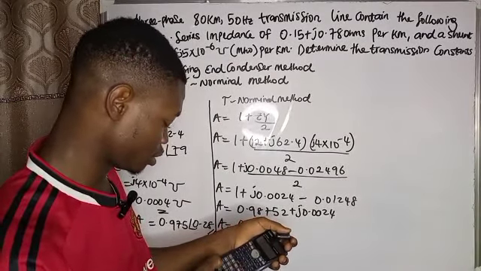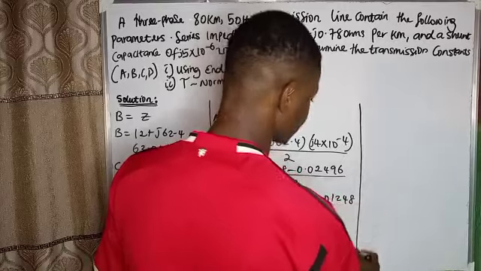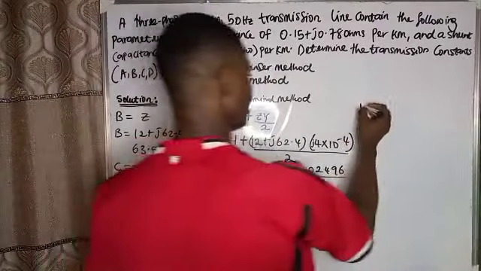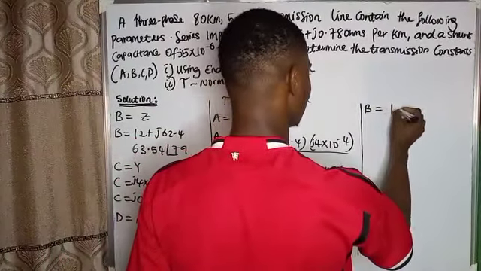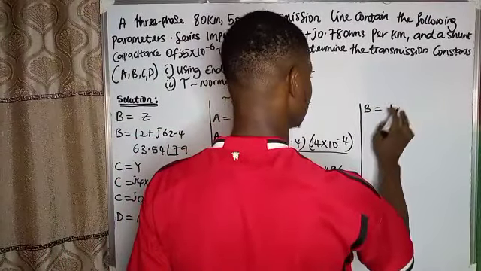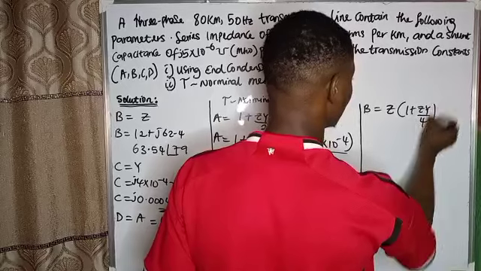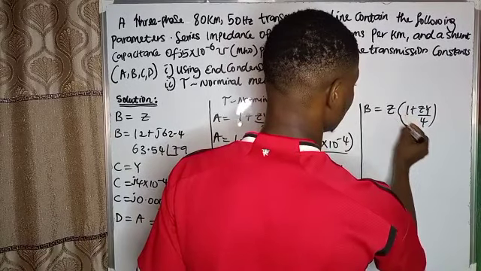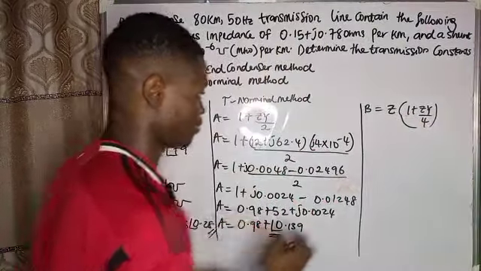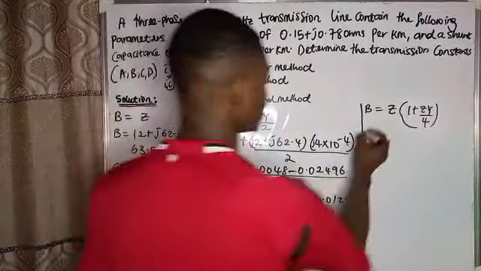So I'm going to find my B. My B is equal to Z, parenthesis 1 plus ZY all over 4. So this is the formula for my B. What is my Z?